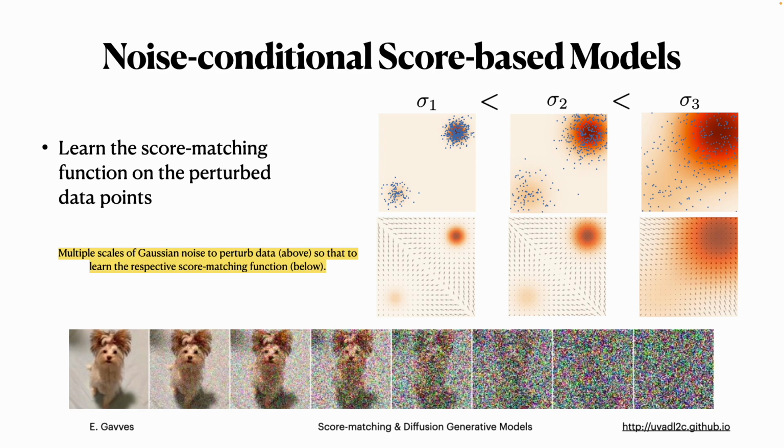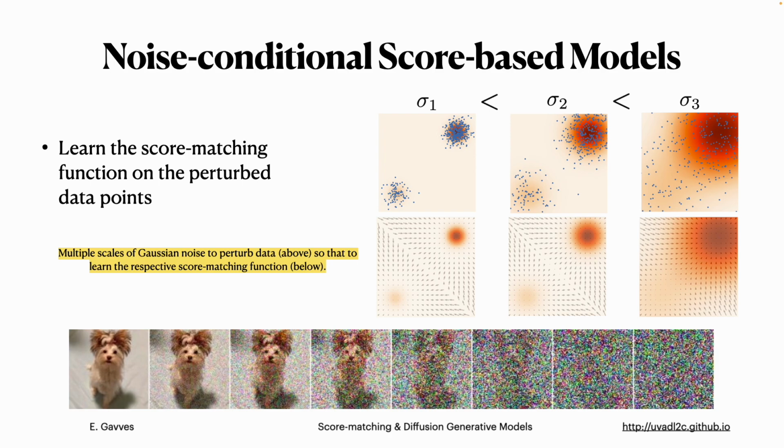It turns out you don't need just one scale of noise, but multiple. And you want to do it sequentially, adding more and more noise, but not in one go. So multiple scales of Gaussian noise to perturb the data, so as to learn the respective score matching function. You add some noise.